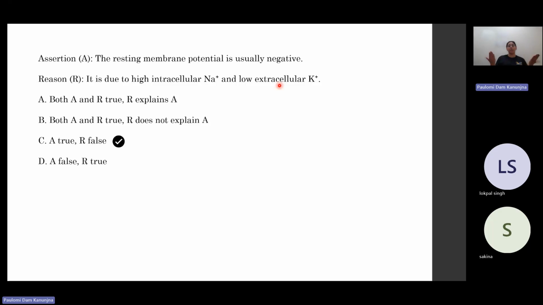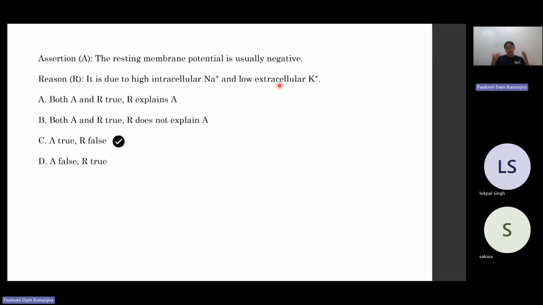Similarly, when potassium channels open, potassium ions move outside because they're high inside and low outside, right? But when you are using energy, you're doing something opposite. When your ATP pump comes into play, it reverses the entire thing. Whatever came inside goes outside.